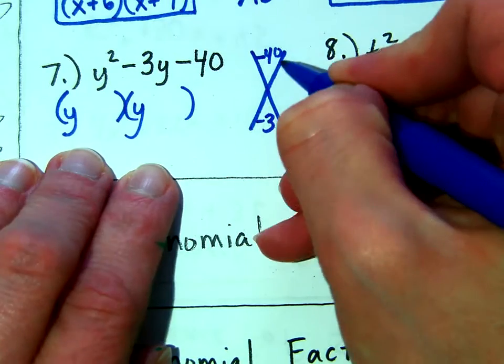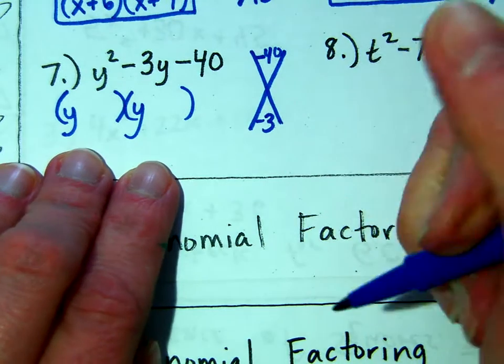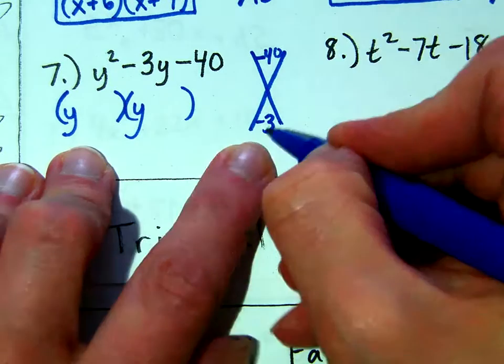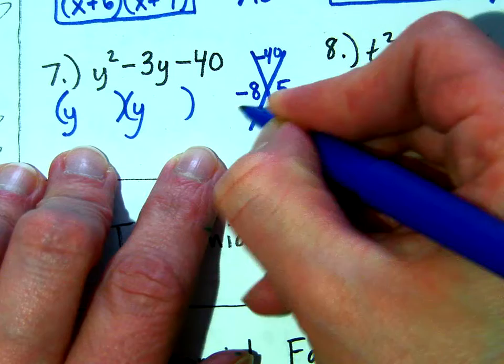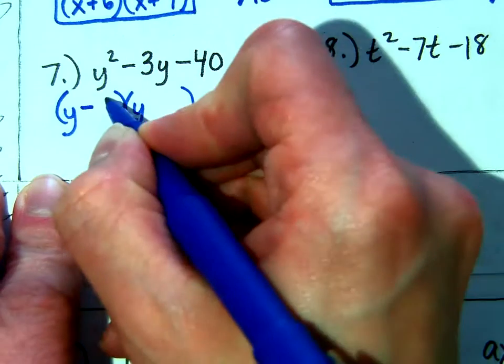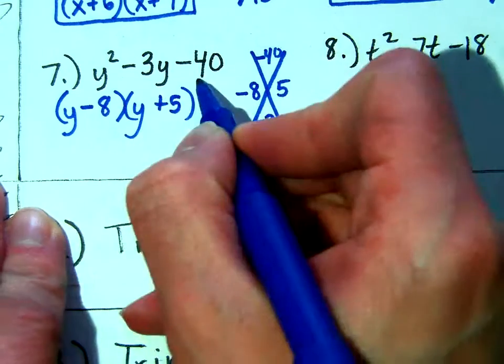So it's going to multiply to make negative 40 and add up to negative 3. So you think about your factors of 40 and you come up with, okay, 5 times 8 is 40. Since negative 3, I've got to have negative 8 and positive 5, or positive 5, negative 8. You can do these in either order. So in one of them, we're going to have y minus 8. And the other will have y plus 5 for that positive 5.